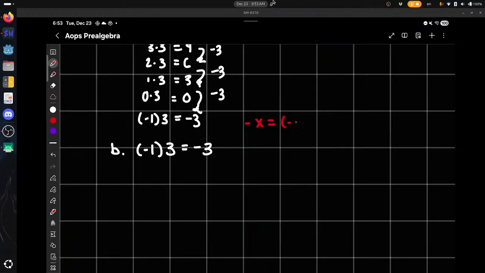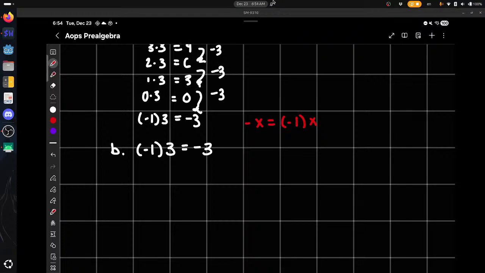But basically we can expand this expression right here to be this. But just as before, a pattern is not a proof. So let's prove that -1 times x is the negation of x.